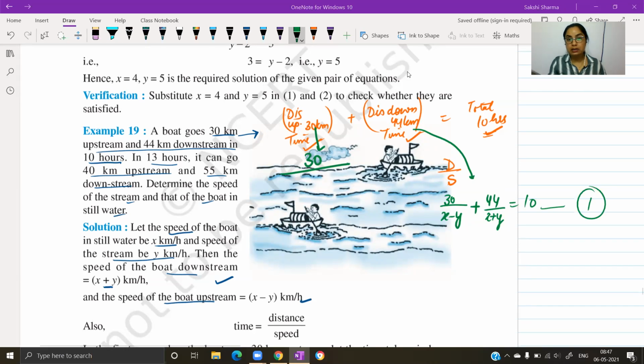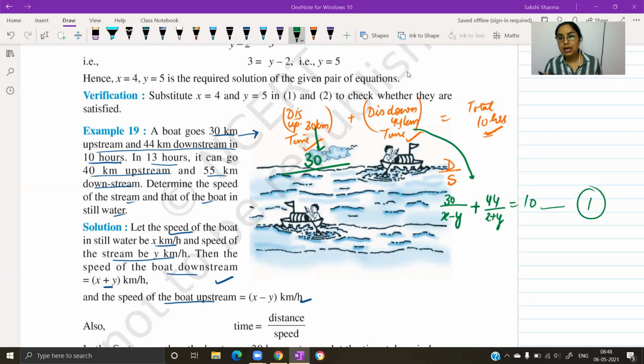Can you see the difference in the question given in the exercise and this example? Yes, ma'am. There, you had only one direction in which distance is covered and the time was given. A very simple equation is formed using the relation between speed, distance and time. Here, some distance is traveled upstream, some distance downstream, and the total time taken is given. So when you make the equation, the time taken to travel the distance upstream plus the time taken to travel the distance downstream should be equal to the total time as mentioned in your question. In the same way you will make an equation for the second part.